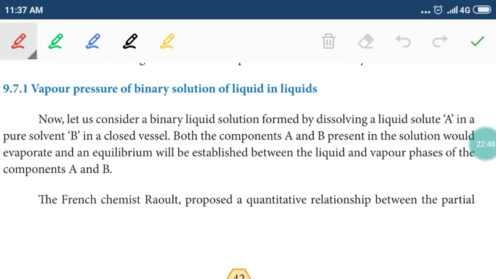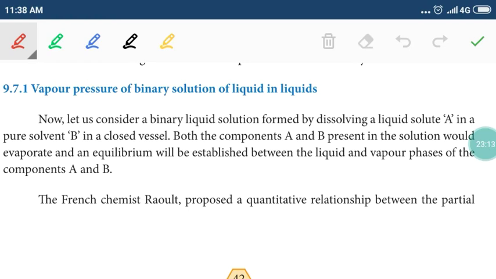So a binary solution is a solution made up of two components. Here we take liquid solutions. Component A is a liquid, component B is a liquid. Component A may be a solute, component B may be a solvent. So a liquid and liquid type of solution is considered here, with only two components A and B. This is a binary solution.